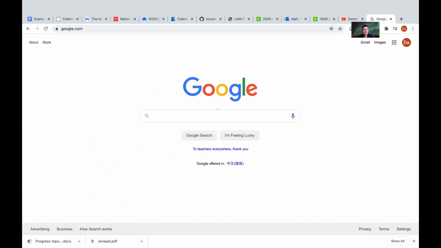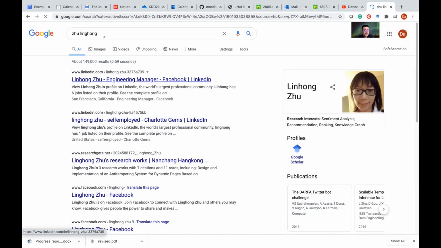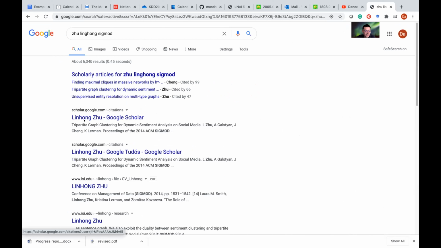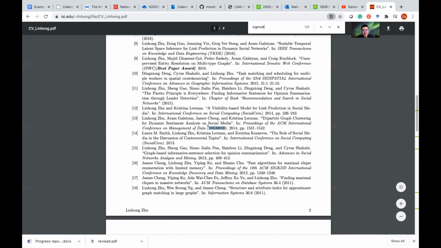One example that people can get crazy. Let me see. For example, we can take a look at a particular paper. So people are really doing this, right? Like this is social media analysis.